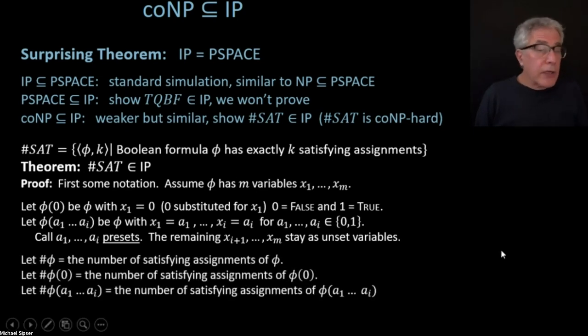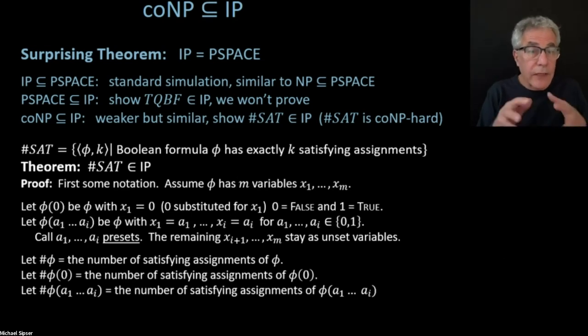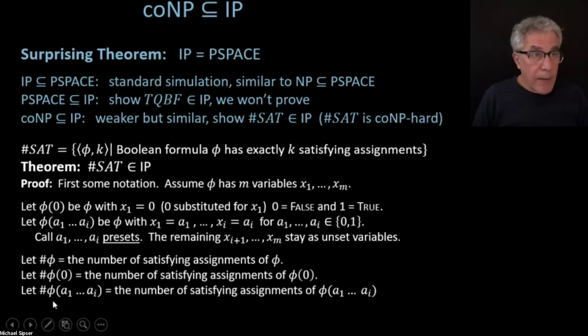And we're going to do the same thing in terms of counting the number of satisfying assignments. So remember the notation #φ is the number of satisfying assignments. #φ with a preset of 0 is the number of satisfying assignments when you've set x1 to 0.